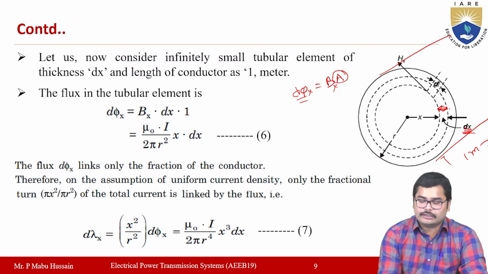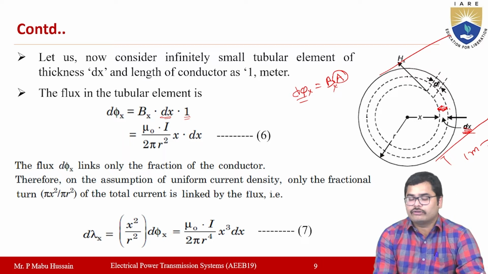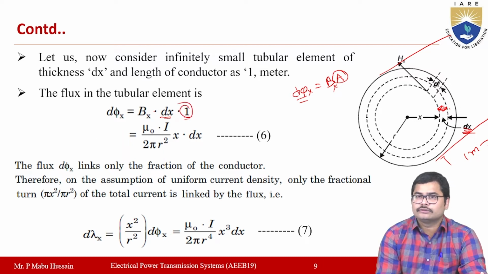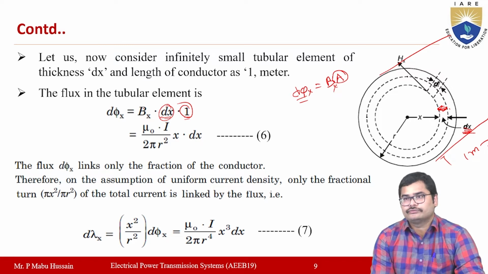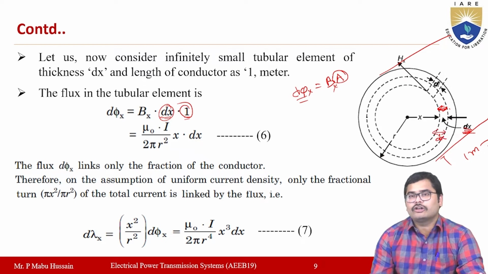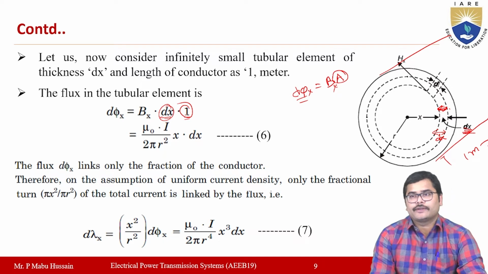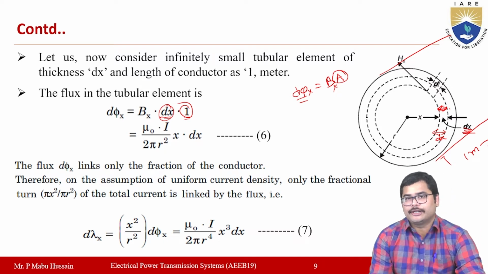That area can be written as dx for 1 meter length. You are taking 1 here, and the distance is dx. So this is dx, and we are considering the 1 meter length conductor. So dx into 1 will be the area of this tubular element.